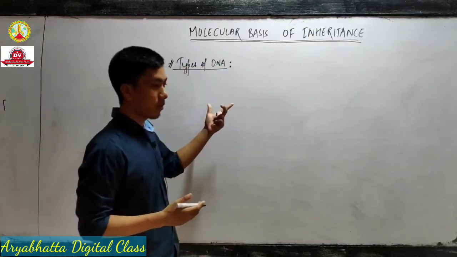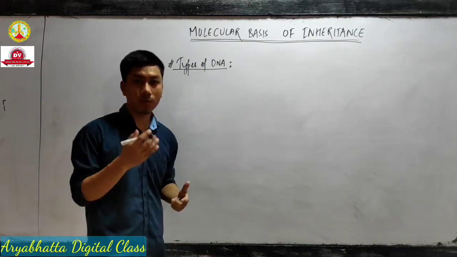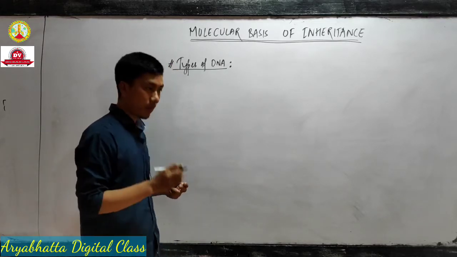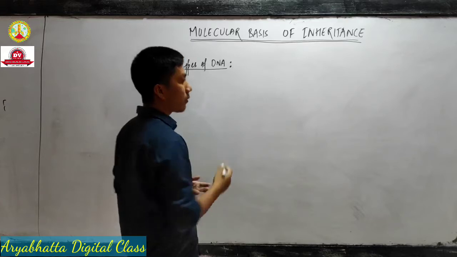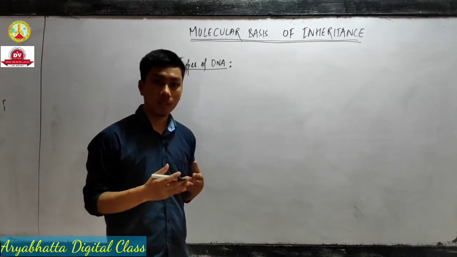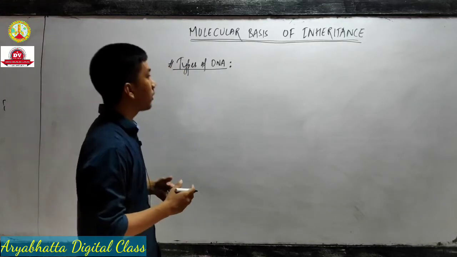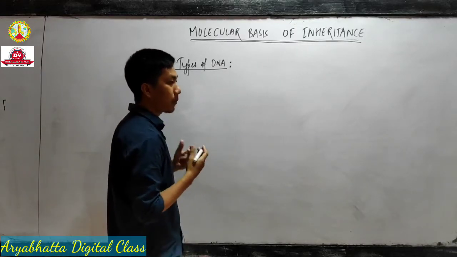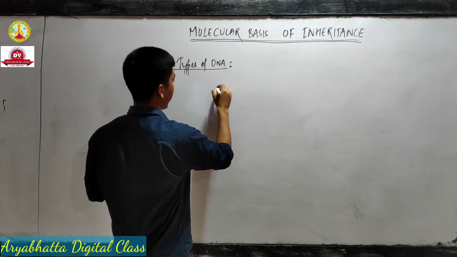First, in this classification, we will classify DNA based on their number of base pairs, that is nitrogenous base pairs.